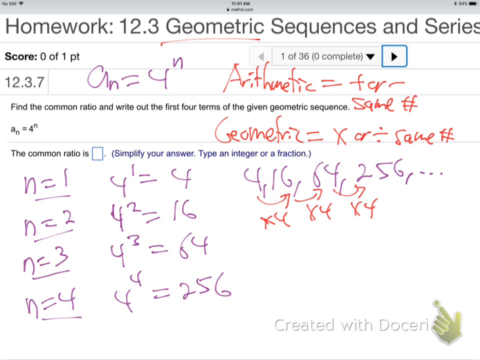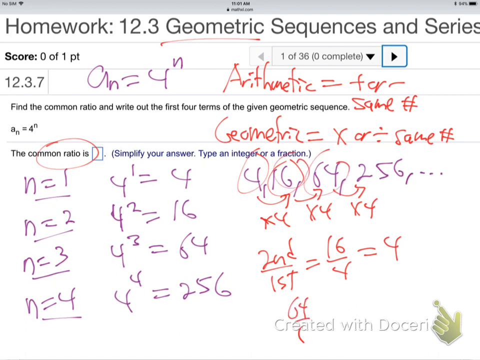And that's called the common ratio. Now, why is it called a ratio? Well, because if you take the second term over the first term, like the 16 over the 4, if you divide them, you'll get 4. Or really, if you divide any two terms, like if I did 64 over 16, same answer, 4. It's the common ratio, because it's what you're multiplying by.